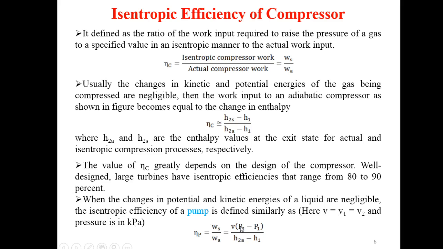So the efficiency of the pump will be equal to Ws by Wa, equal to v (either at 1 or 2) times (P2 minus P1), where P has the unit kilopascal, divided by (h2a minus h1).